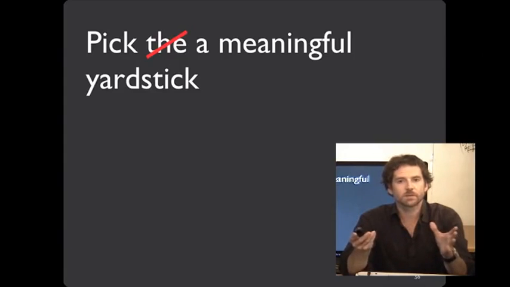It's easy with experiments to be like the drunk in the lamppost, where you run experiments only on things that are easy to measure rather than things that matter. And I think that while experimentation is a tremendously powerful tool, you want to make sure to point it at the things that matter. And often the creativity that requires is figuring out how to meaningfully measure the things that you care about.